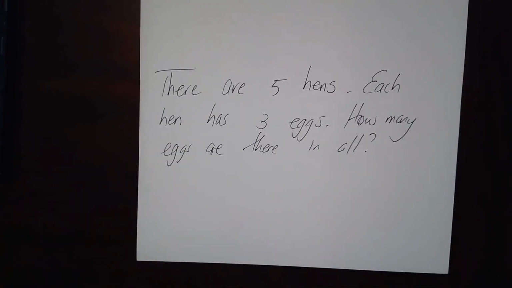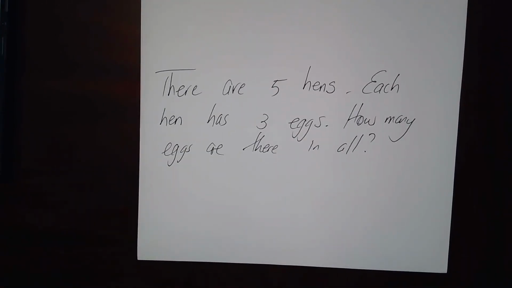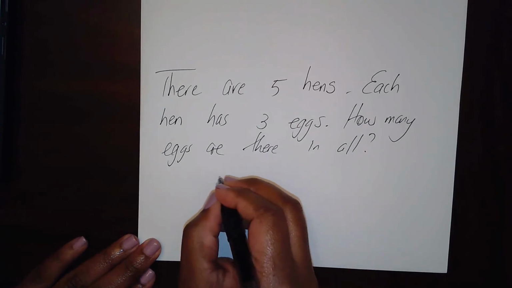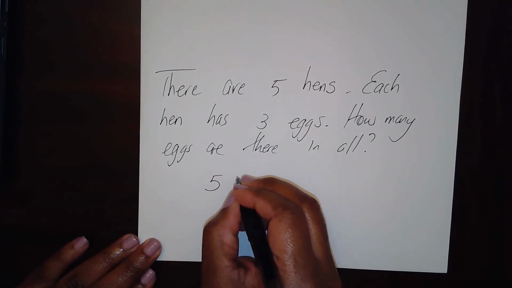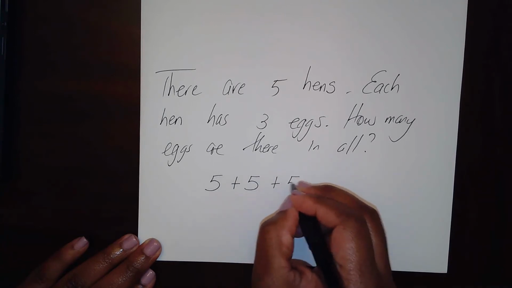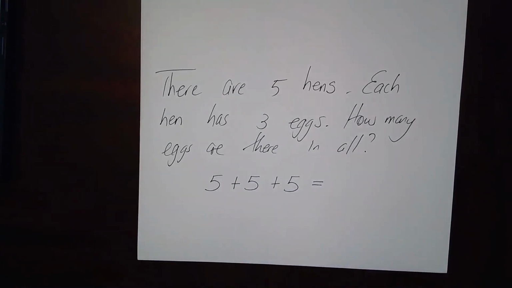Now, if we were to go back to repeating addition, what could we do? Well, we could first add this 3 times, 5 plus 5 plus 5. Would this be what we're looking to do?